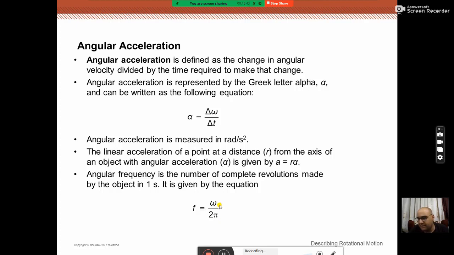Omega is the angular velocity divided by 2 pi. 2 pi here represents the total angle of the circle. So you can find this way how many times a complete circle is repeated in 1 second.